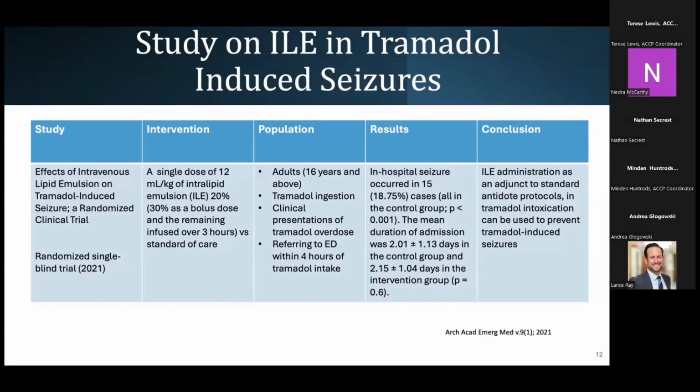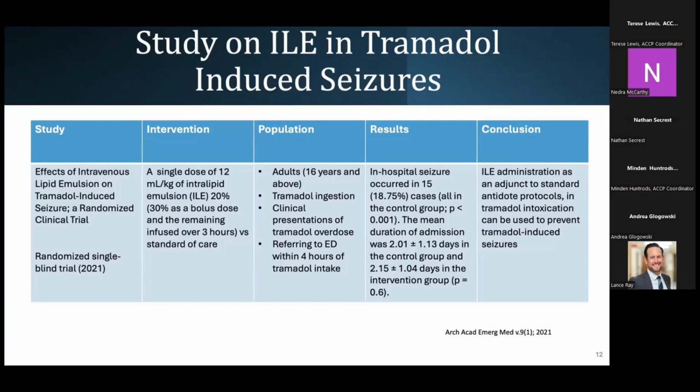The study concluded that intravenous lipid emulsion can work as an adjunct to standard antidote protocols in tramadol intoxication and can be used to prevent tramadol-induced seizures. However, this study had quite some limitations. They did not look at patients who were presenting with any decreased level of consciousness or who were unresponsive.